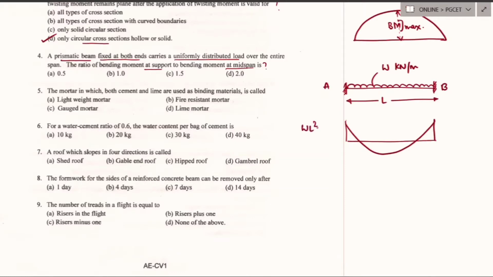The bending moment at support is wL square by 12, and bending moment at midspan of the beam is wL square by 24.